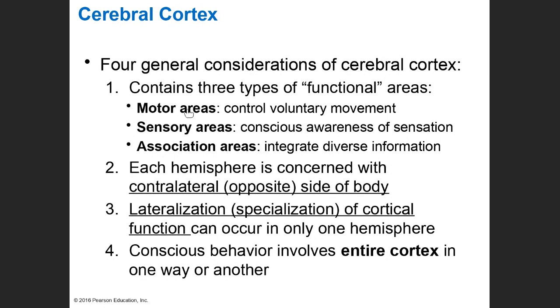So you have some areas of the cortex that are associated with motor function. And typically what we're dealing with is voluntary motor activity in these so-called areas of the cortex. Similarly, we have sensory areas, which are going to be associated with the conscious awareness of sensation.